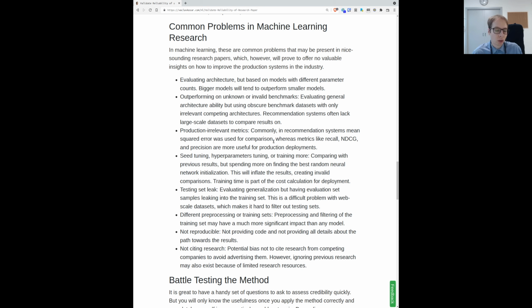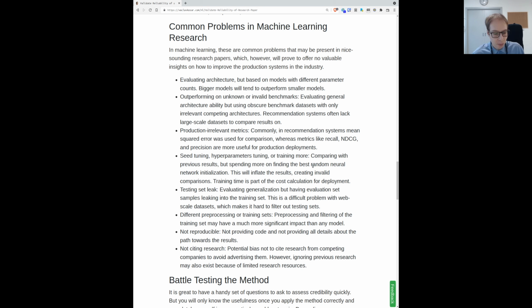Outperforming on unknown or invalid benchmarks. If the paper is evaluating the architecture on some obscure benchmark dataset, which is not very relevant and seems strange, it may be suspicious. The results may not be very important.